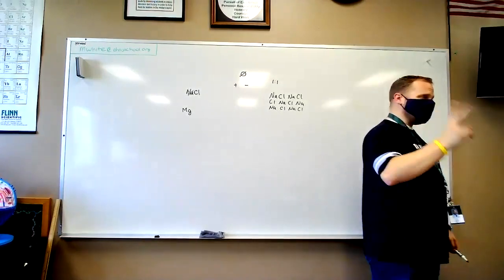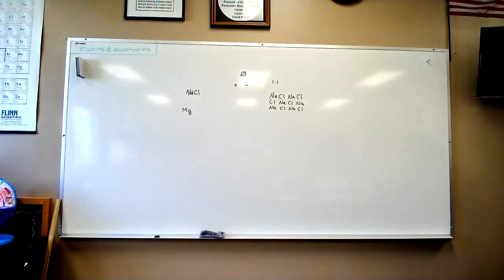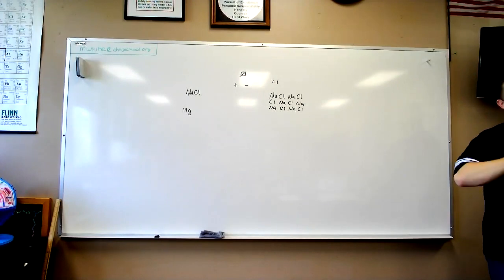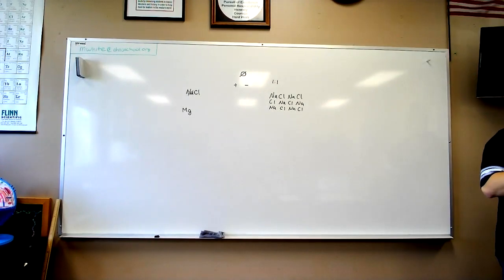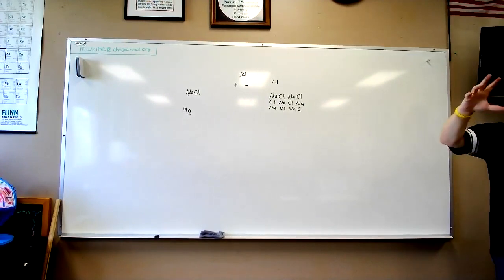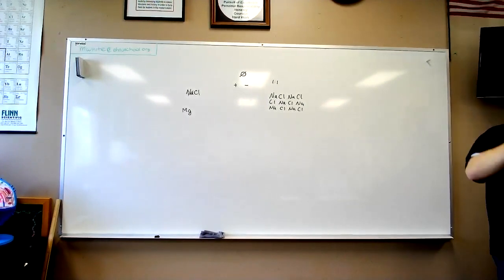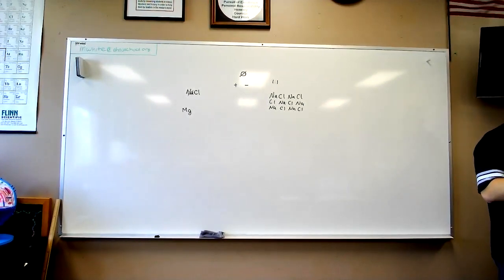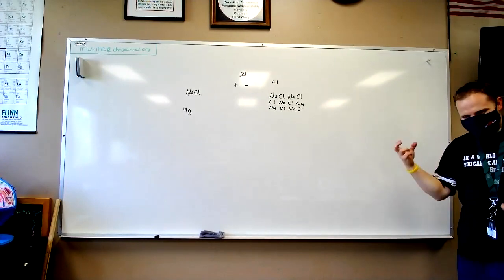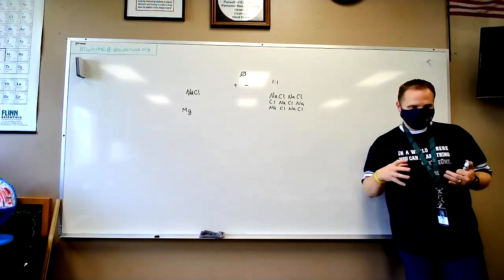So if it's in group 2, is it likely to gain or lose electrons? No. More likely to lose, right? Because it only needs to lose 2 electrons and then it goes to the next lowest shell. If we're going to gain, we'd have to put 6 electrons in to get to 8.